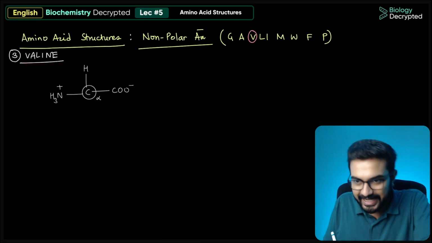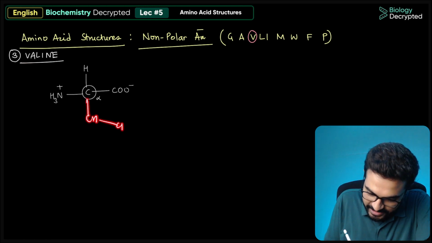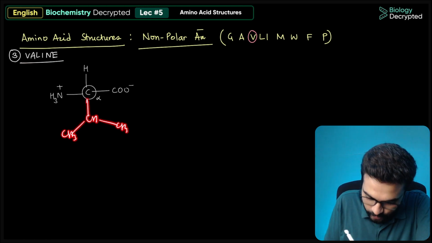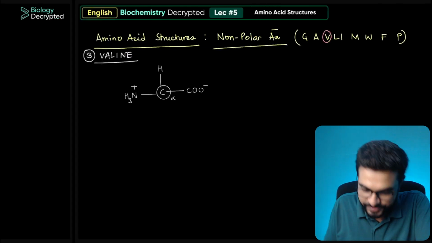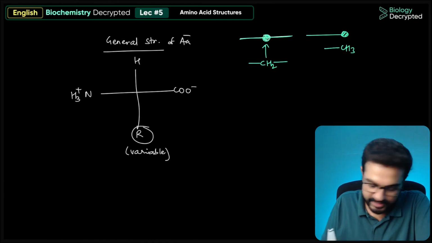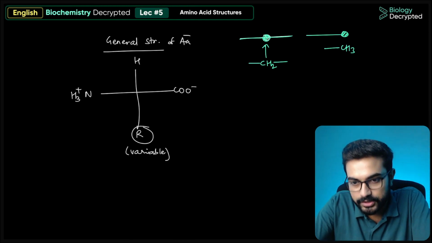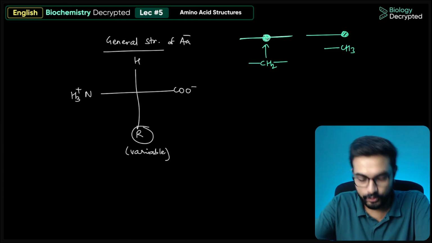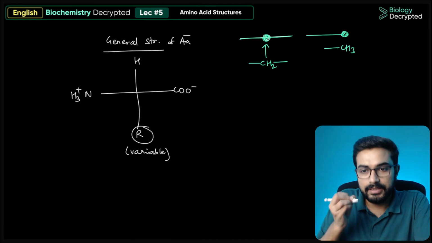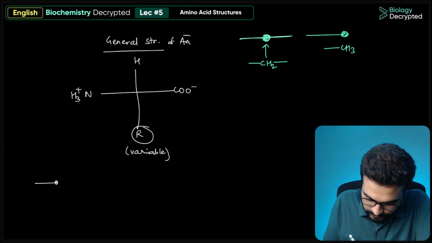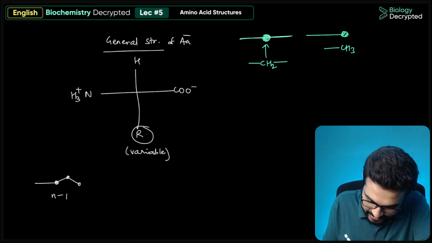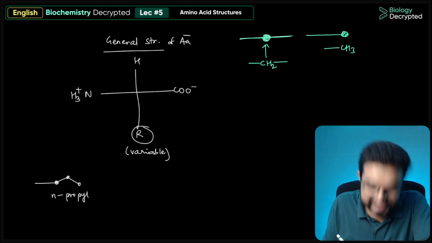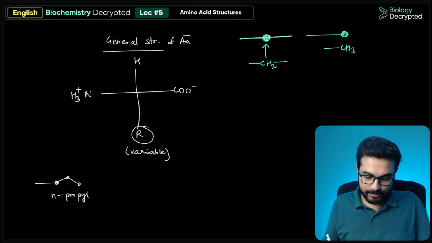In case of valine, there is a CH group and there are CH3 groups. Now, let me tell you about some important groups again before we move forward. This is very important to note. You should know these groups before you move forward. This kind of group is called the N-propyl group.